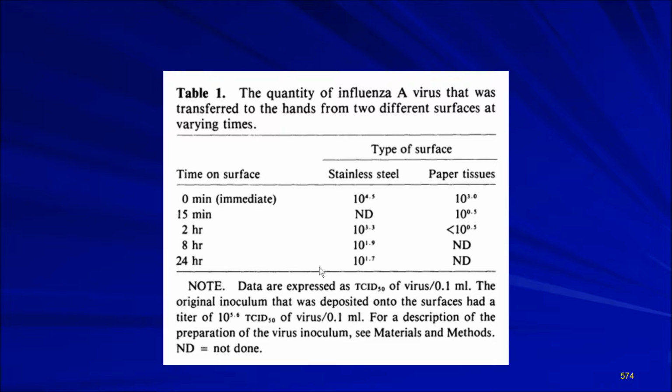It's a standardized experimental measurement of how many viruses are in a sample. So we'll just think of TCID as a measurement of how many viruses there are.